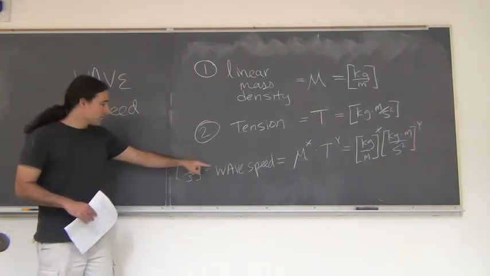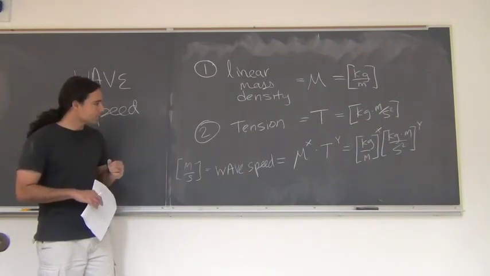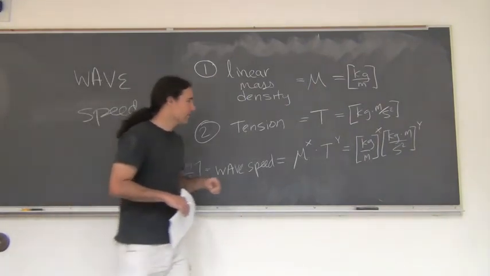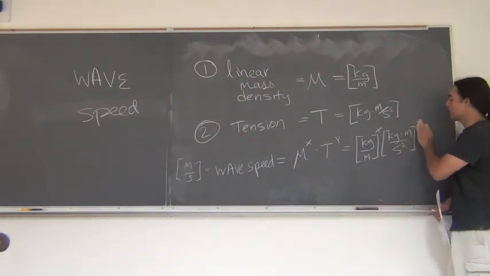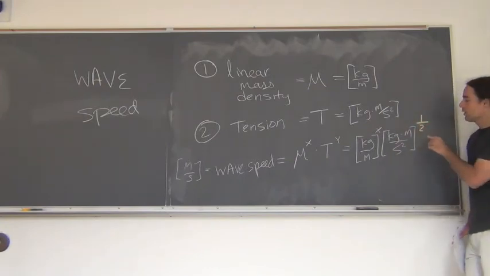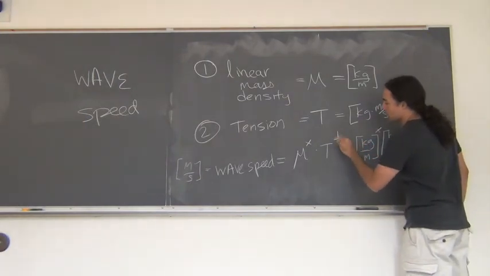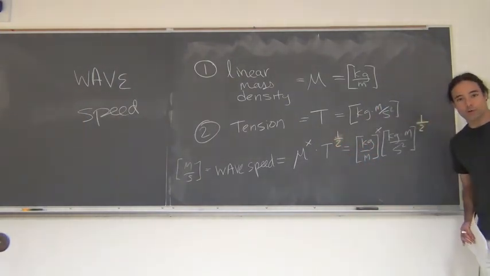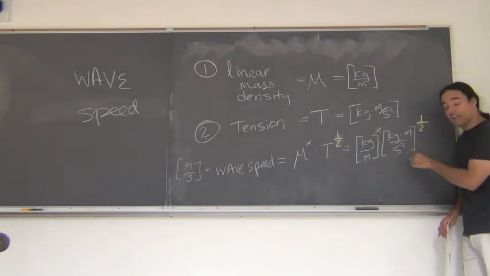I want a speed which gives me meters per second for the units. To do that, to get seconds in the denominator, all I have to do is take the square root of the tension, so that the y that I wrote down before is now 1/2. That would give me seconds in the denominator.